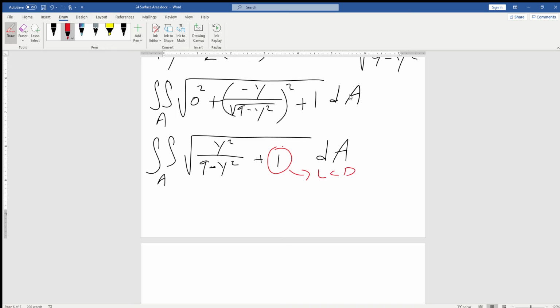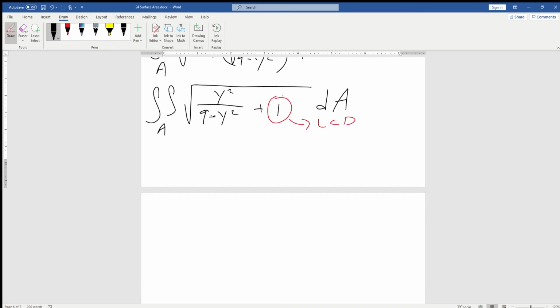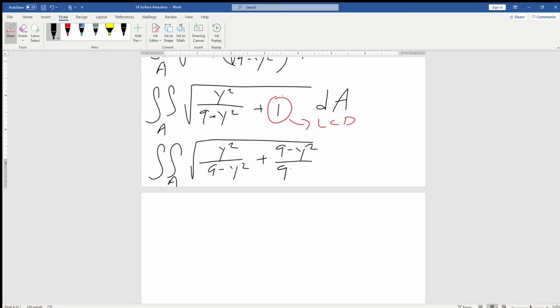Right? So this is a technique you might remember from Calc 2, being able to rewrite and try to get one term under the radical. So that's our double integral of A, square root of y squared over 9 minus y squared, plus (9 minus y squared) over (9 minus y squared). So that's our 1 dA.